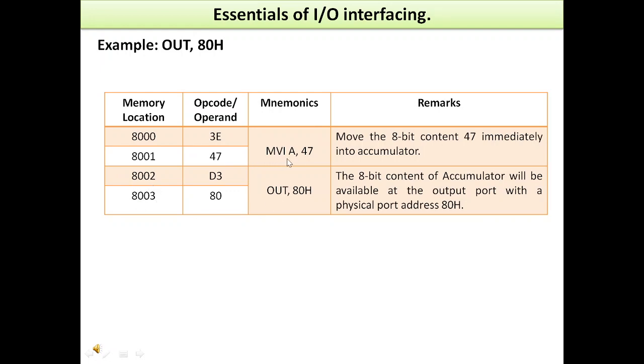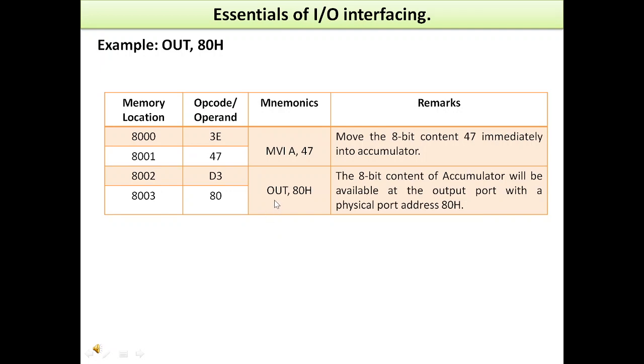In this case, the first instruction is MVI A, 47. Here it means load 47 immediately into the accumulator. After the execution of this instruction, 47 will be written into the accumulator.